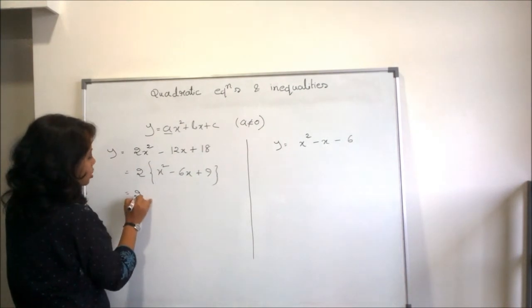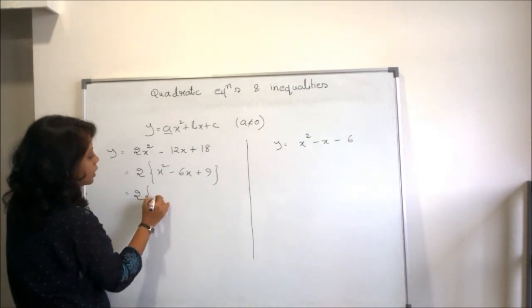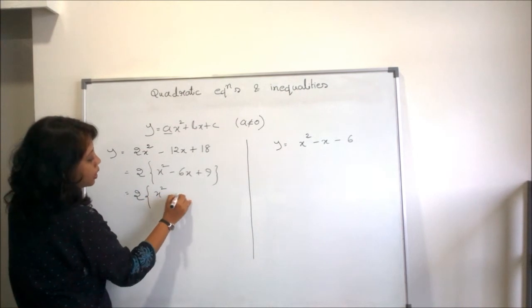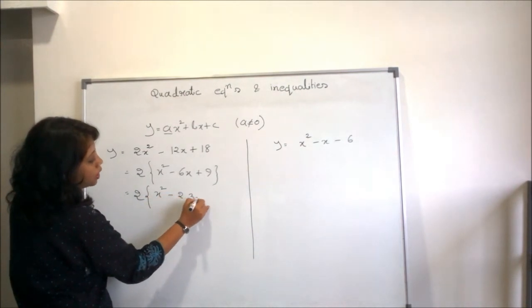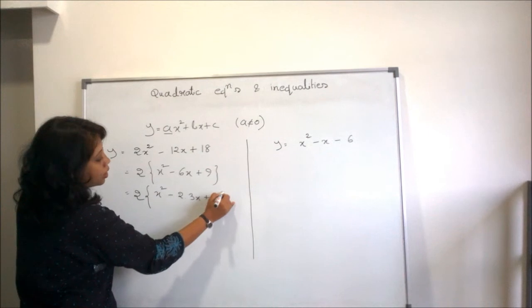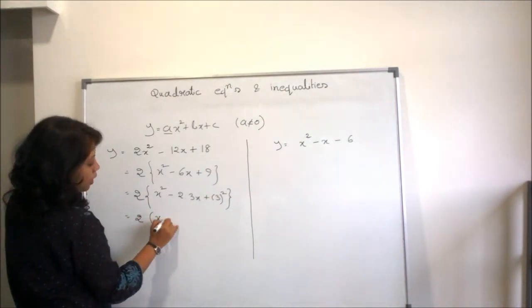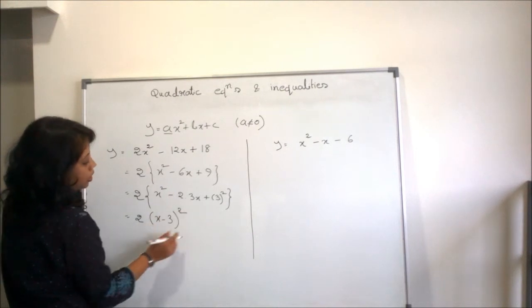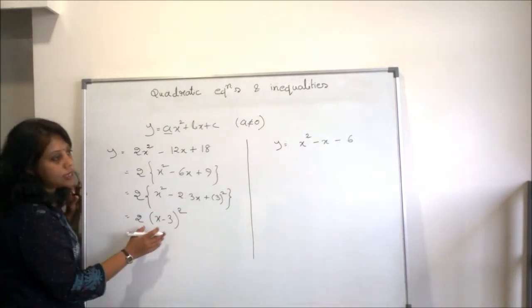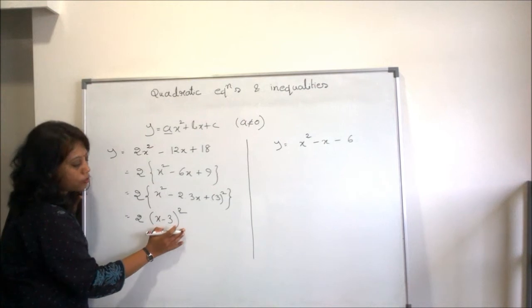Here we can see this is x squared minus 2 into 3x plus 3 squared. So it can be represented as 2 into x minus 3 whole squared. So it is factorized in a square form.